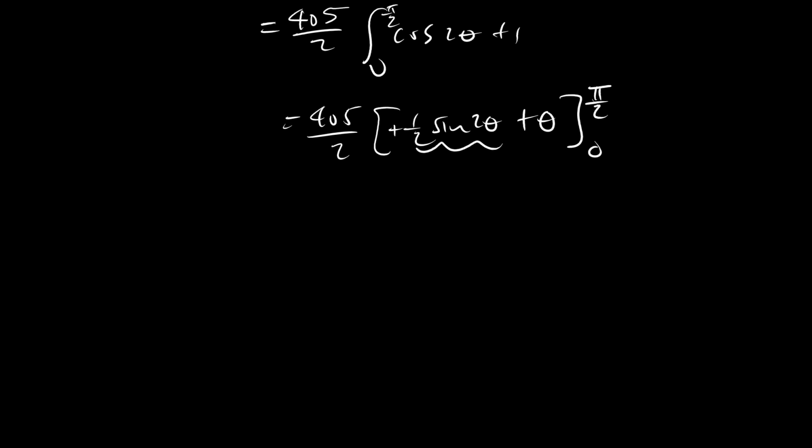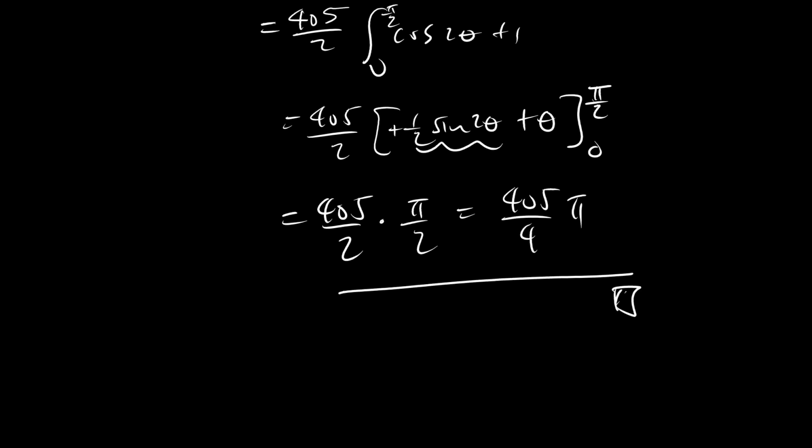We can see that when theta is pi over 2, sine of 2 times pi over 2 is sine pi, which is 0. At the lower limit also, sine of 2 times 0 is going to be 0, so we are left with 405 over 2 times pi over 2, which is 405 over 4 times pi, and that is the answer that was expected.